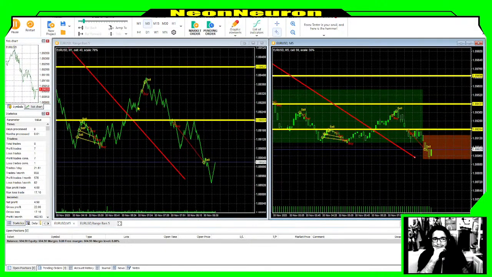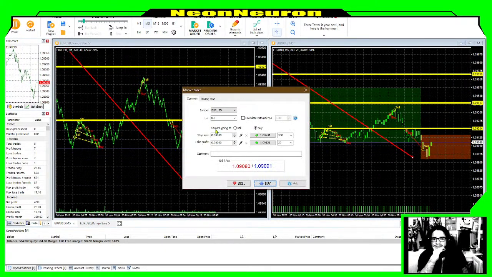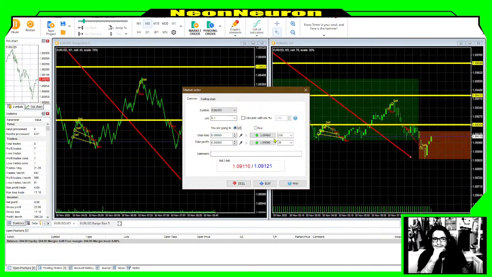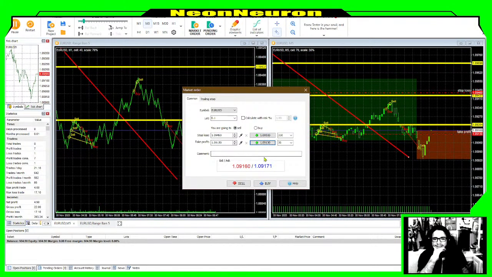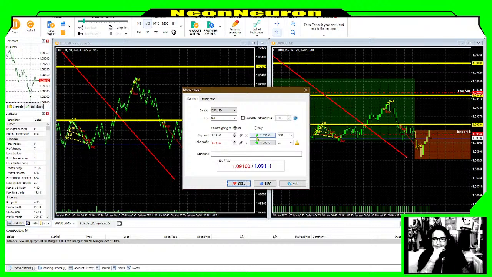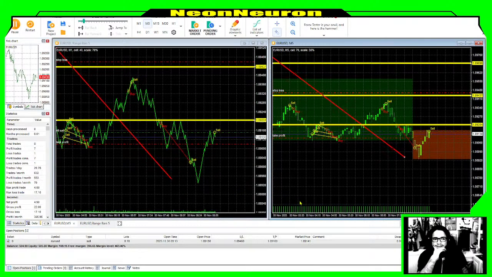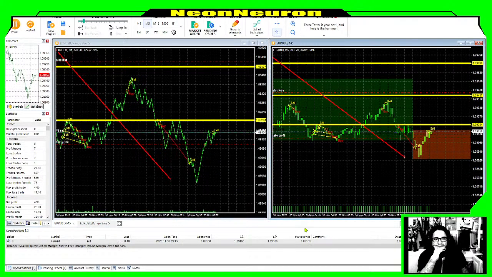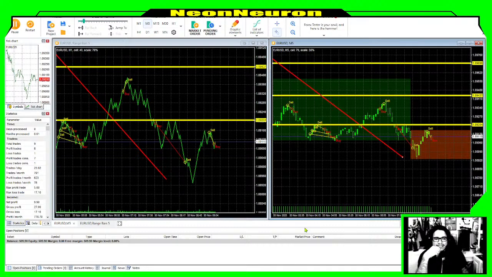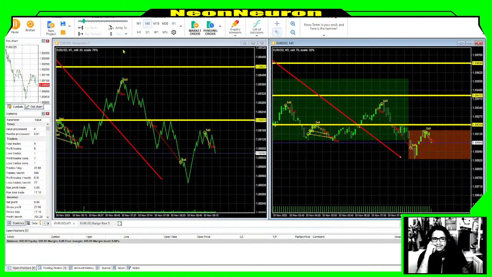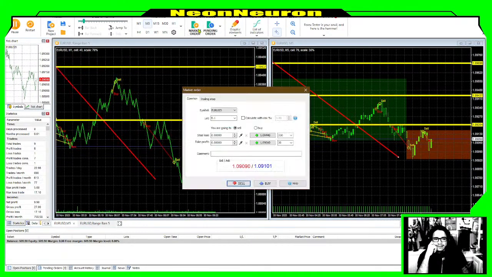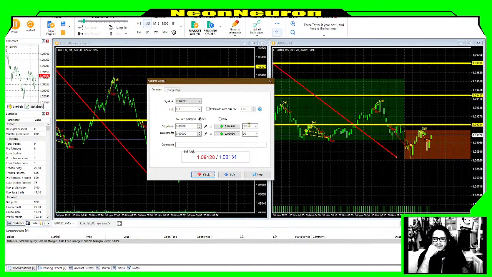And it looks like the sellers might be back. Let's sell. So we're going to start selling. Oops. All right. We have a retest. Okay. Let's keep this window. I wish there was a faster way.